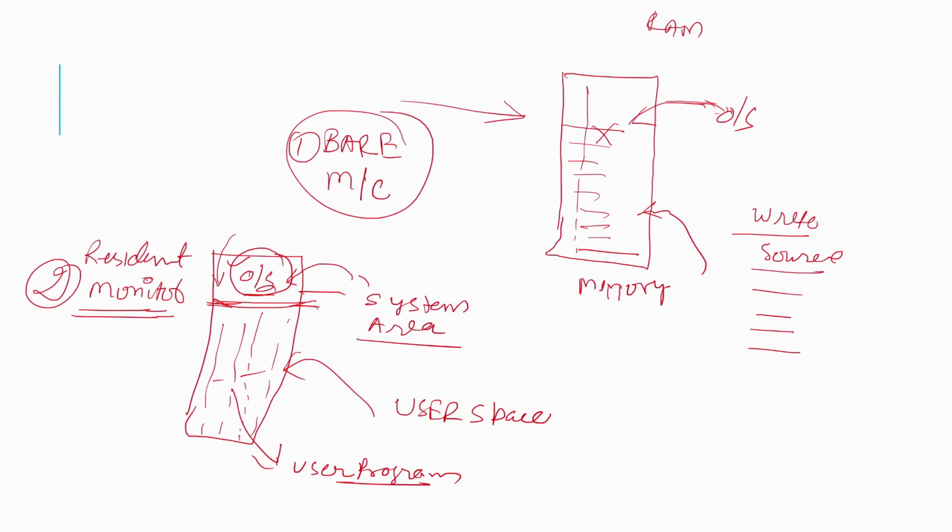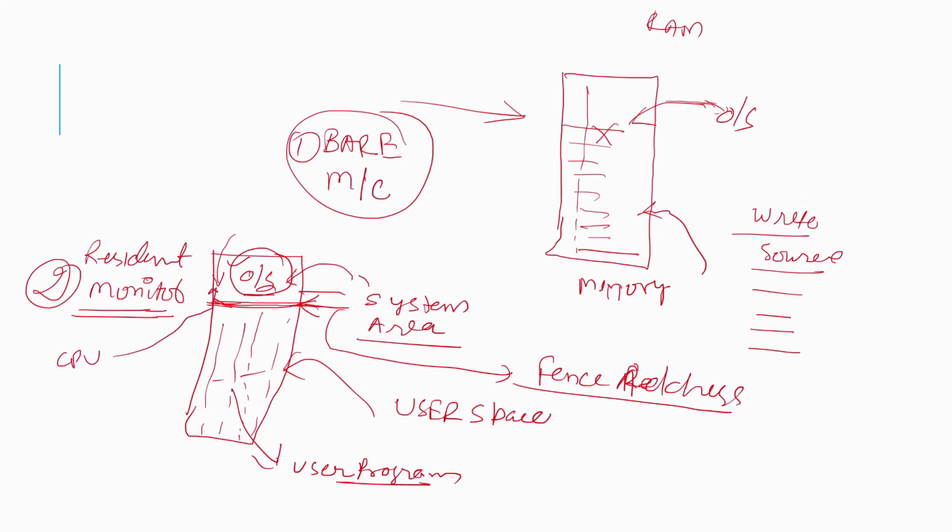But here, this thing was protected by a fence register, we call it the fence address. Some fence address was kept here so that it can be protected from whatever addresses are generated by the CPU. It should not cross this area, it should not go to the resident monitor, it must stay here.